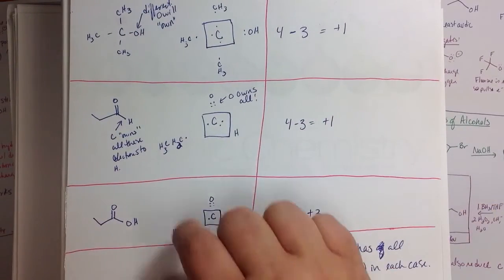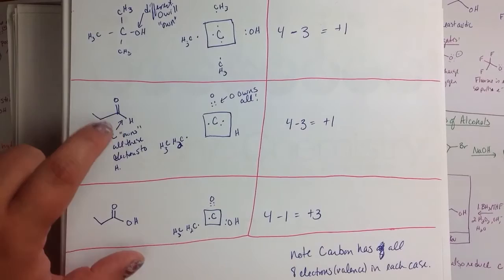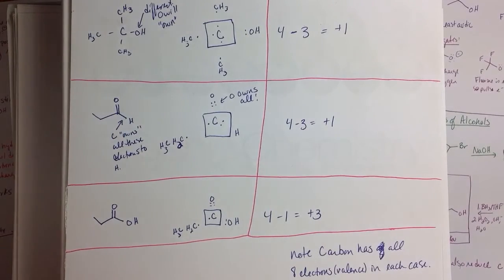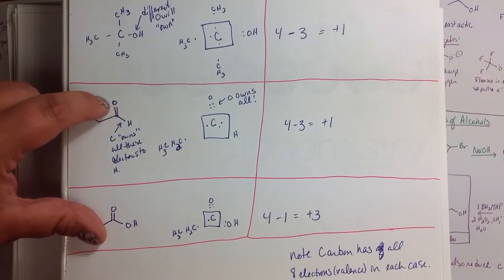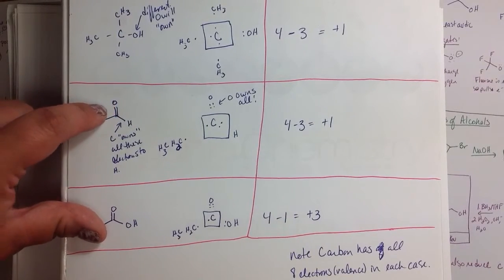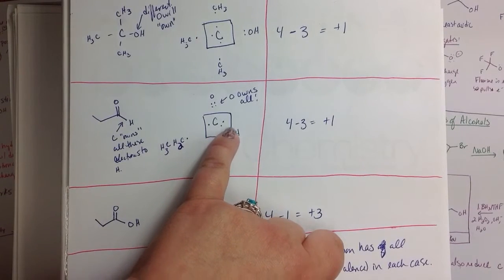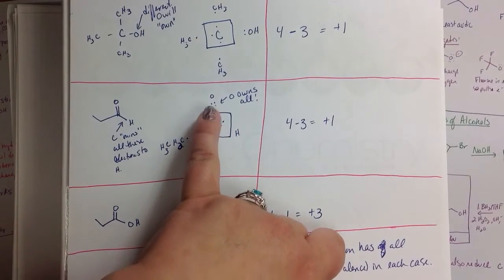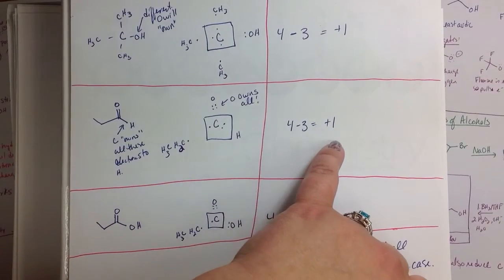In this case, carbon is going to own, per se, this bond, because a C-H bond, we just say that's the way it happens, okay? Oxygen, on the other hand, is going to own all of the electrons here. So we say that this carbon has these 2, this carbon has this 1, and oxygen has all of those. So 4 minus 3 is +1.